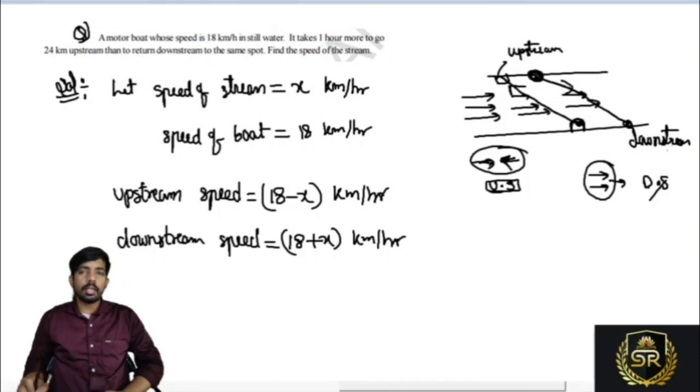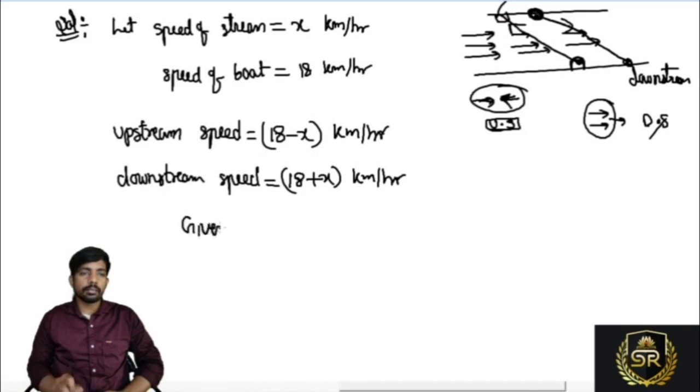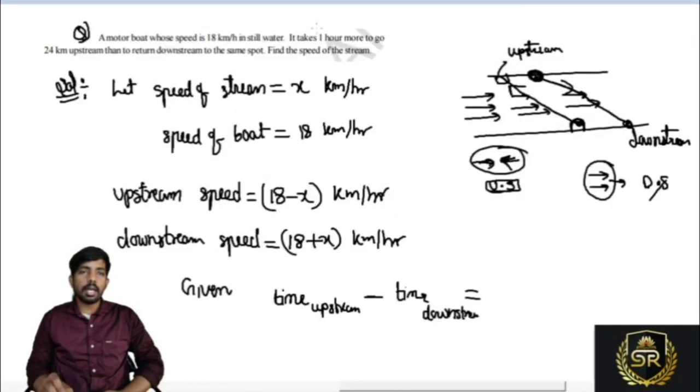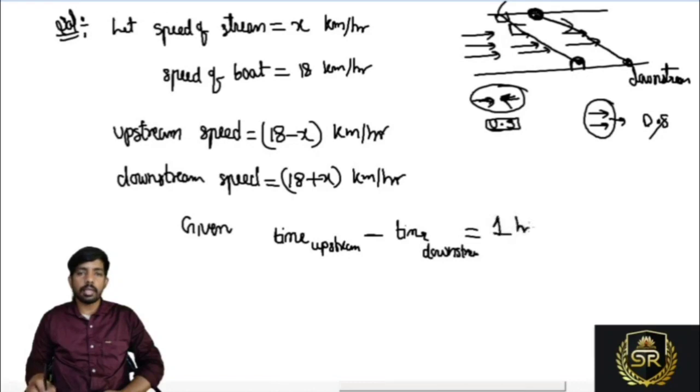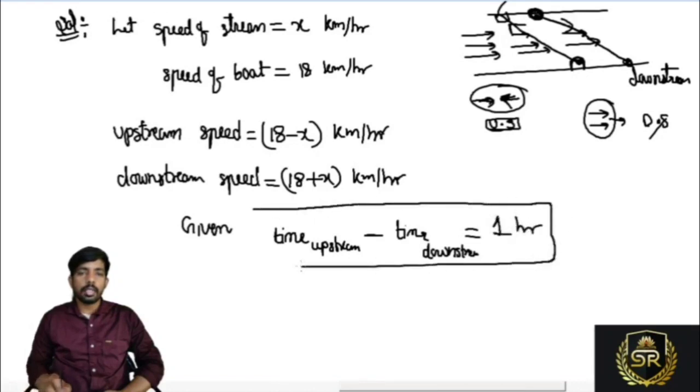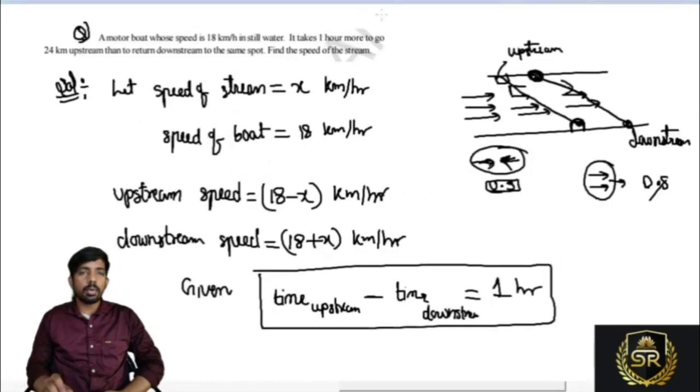That means the time taken by the upstream minus the time taken downstream is equal to 1 hour. Time taken by the boat upstream minus time taken downstream, the difference is 1 hour.